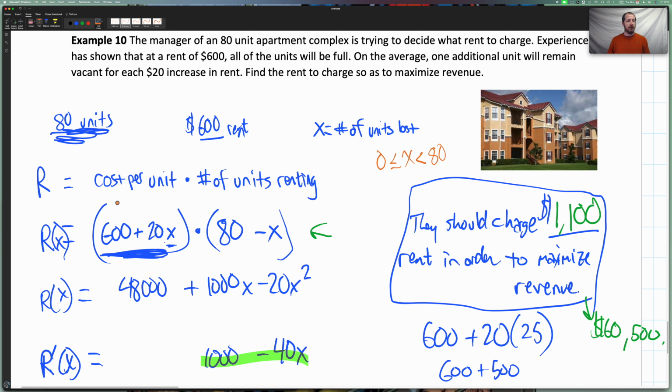Again, that gives us our cost for each unit. So that means the number of units that we're renting, we started off at 80, we're just going to take away x units, however many units we're going to lose. That needs to be subtraction there. Okay, so there's our revenue equation.